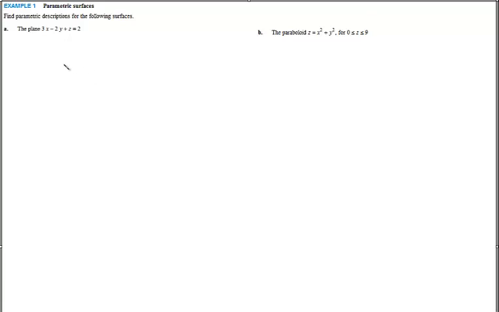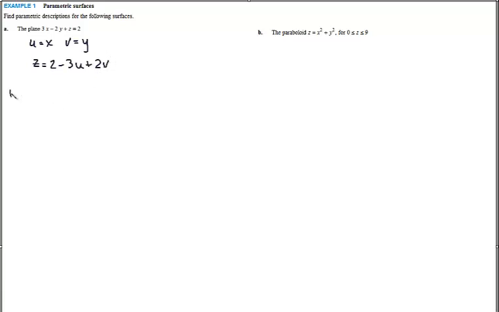This first one, we're just going to write it in terms of straight up parameters just because it's plain and it would just be easier. So if I go ahead and let u equal x and v equal y, that would mean that my z, solving for z, would be 2 and then move everything over. That would be 3u plus 2v.